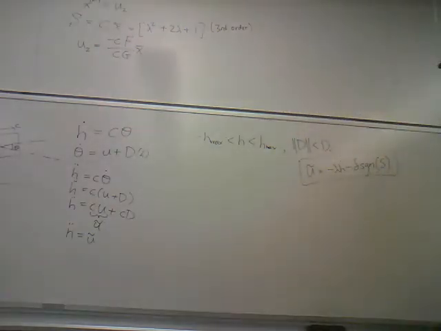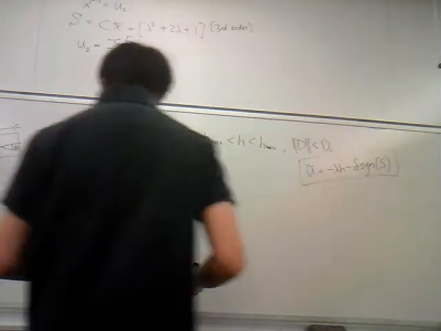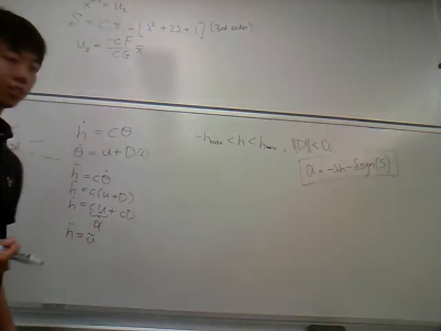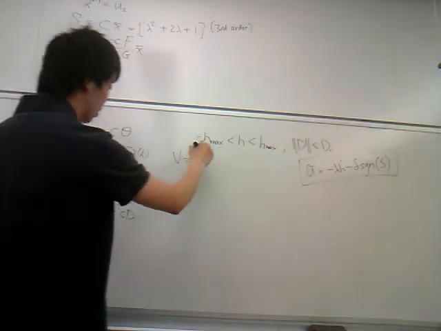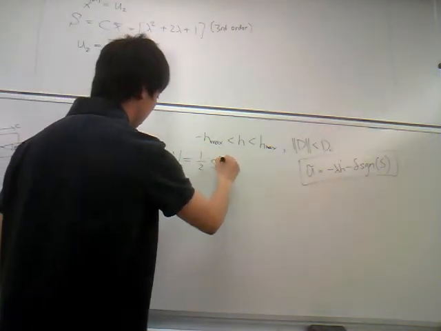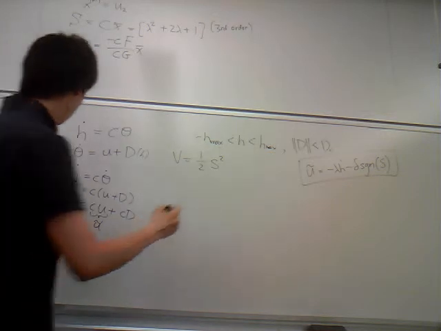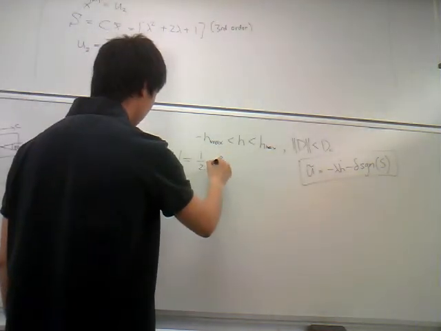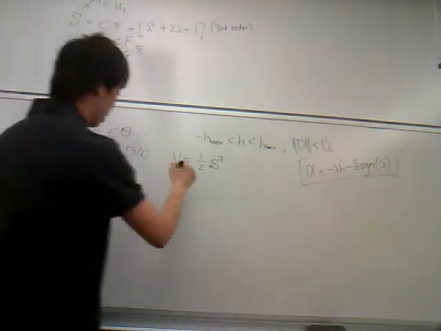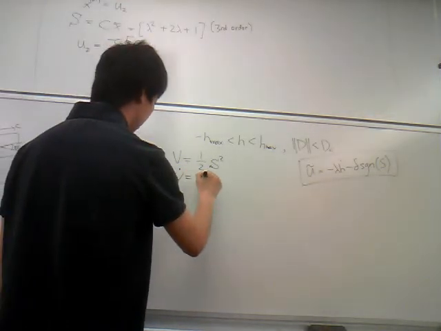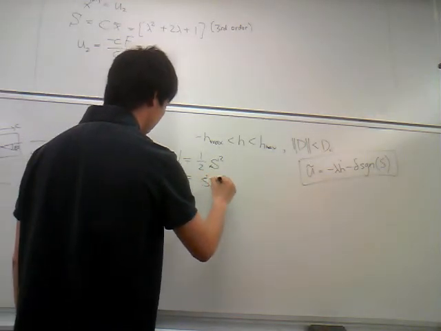We set up a Lyapunov function, or something like it. We can have our V equal to half S squared, so that's the sliding surface, and V dot is S dot S.